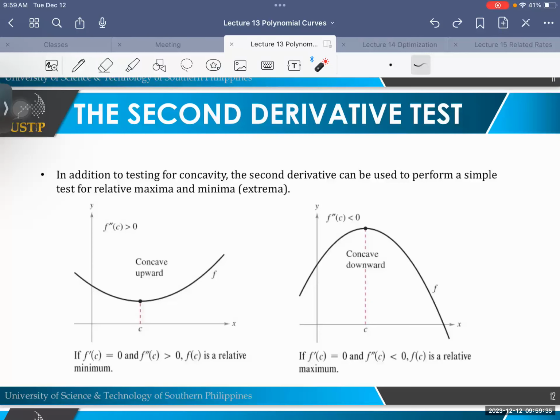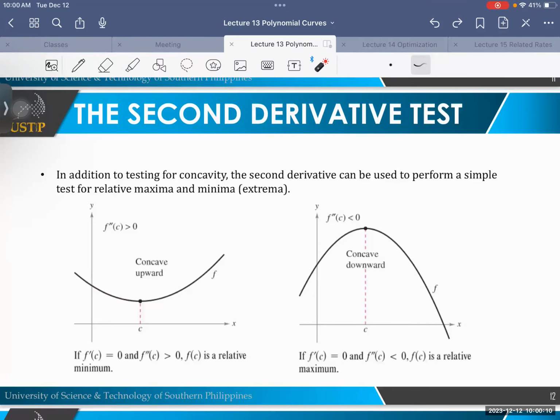Now, what do you notice for both graphs, the concave upward or concave downward? There are extrema there. If it is concave upward, of course, it has the smallest value, the minimum. So if you have a concave downward graph or part of your function, you have a relative maximum. But how do we test the value?